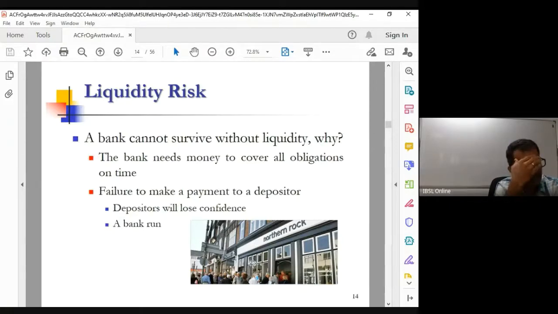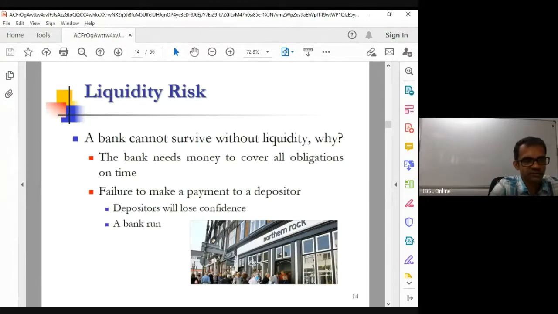That possibility is there. So therefore, those are considered as liquid assets. Loan portfolio, buildings, land, those physical assets are considered as illiquid assets.